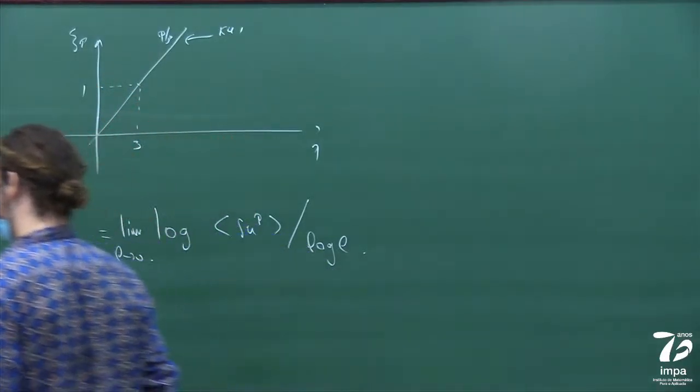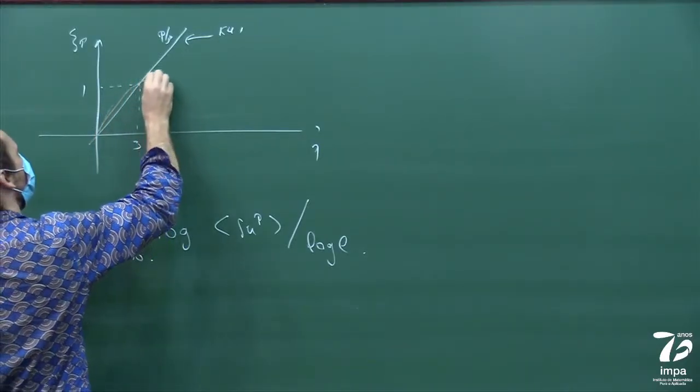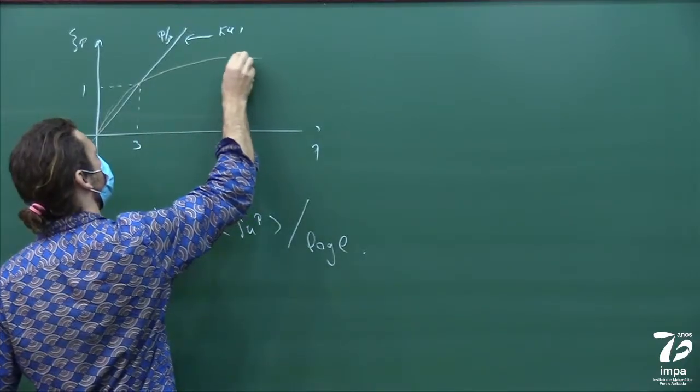And instead, what we see is something which is a bit curved, in observation.